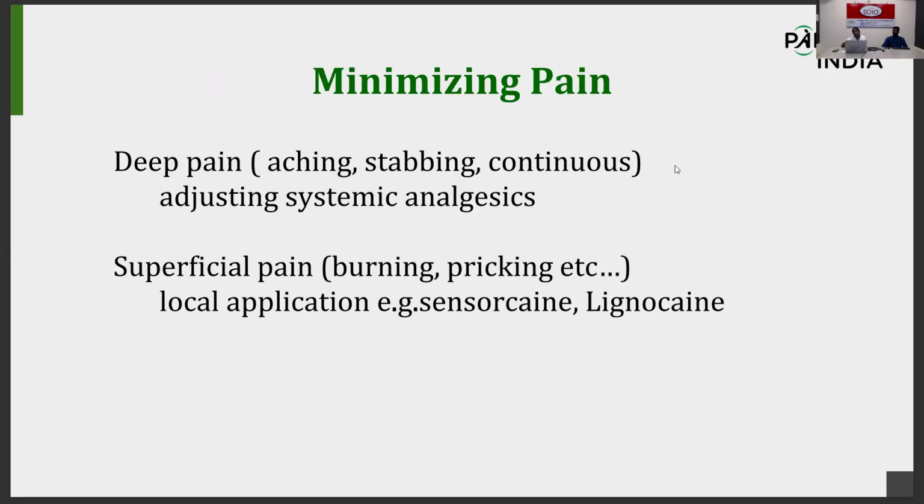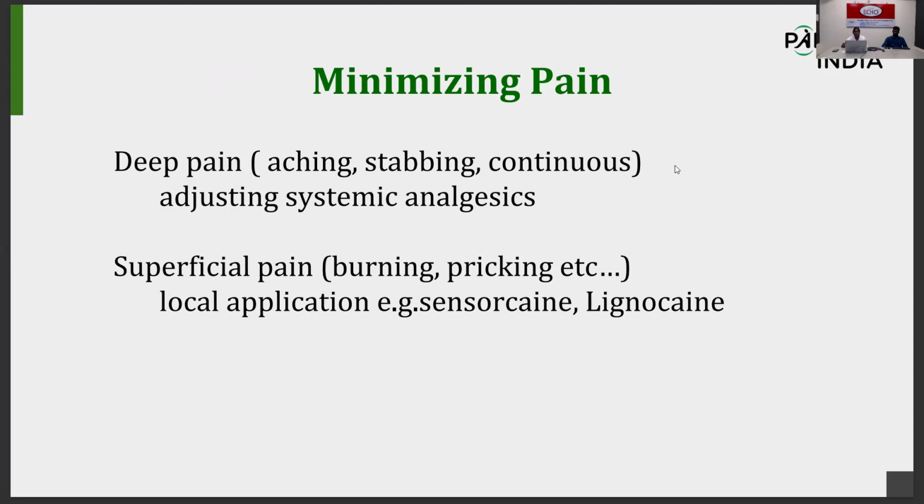Then we already discussed pain. In minimizing pain, we know the dermis and the skin layers are already open, so the patient will experience pain. If the patient is experiencing deep pain or nociceptive pain, the patient may report aching, stabbing or continuous pain.